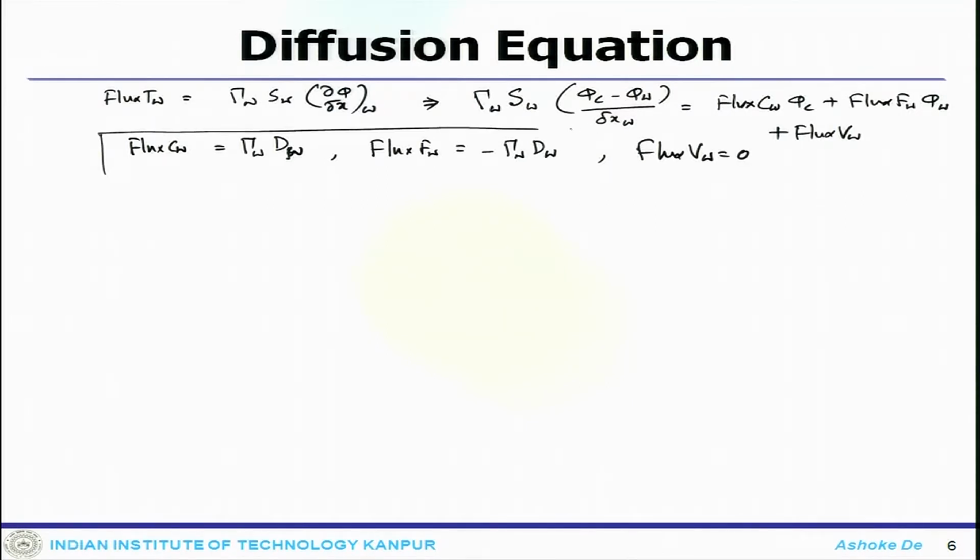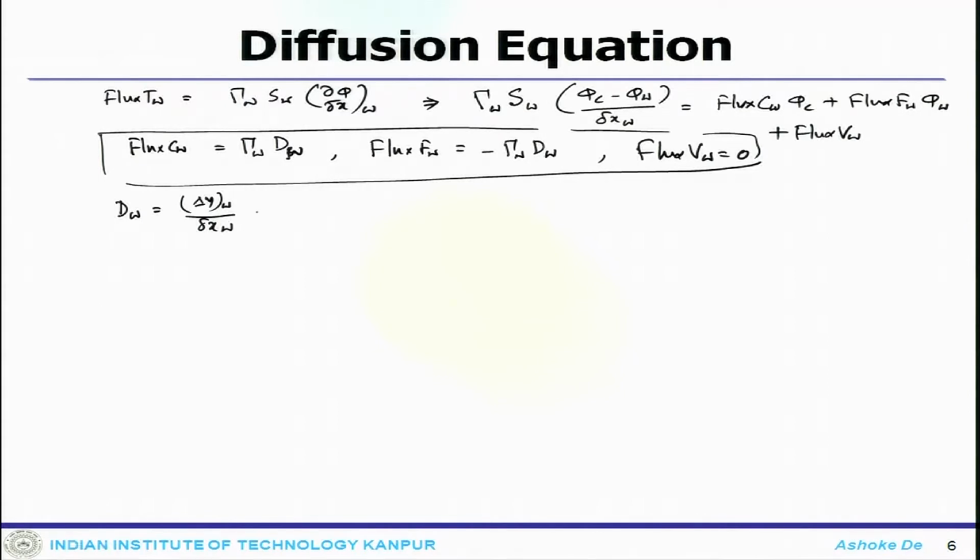So, these are the coefficients that you get, and the d W definition is similar to our d E definition, where d W is my delta y W by del x W, which one can think about as the magnitude of S W divided by d C W, which is S W by d C W. So, that is our definition of d W.